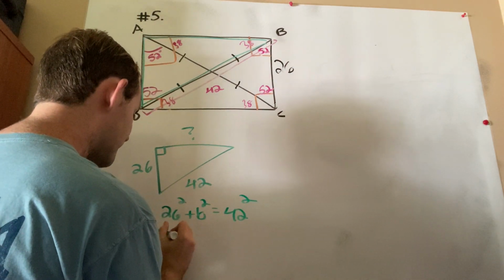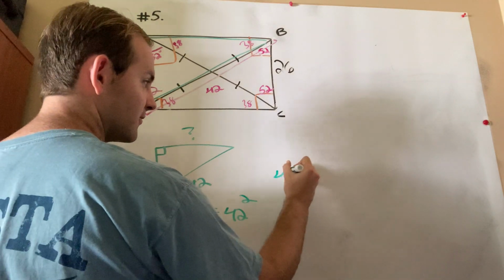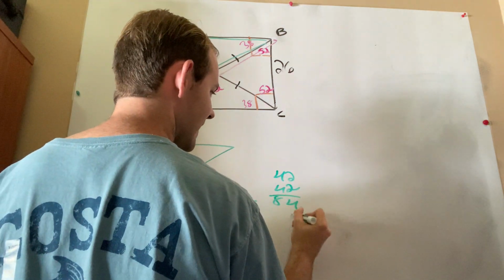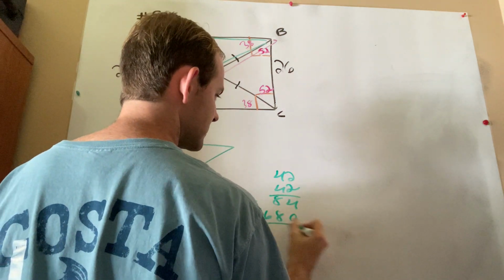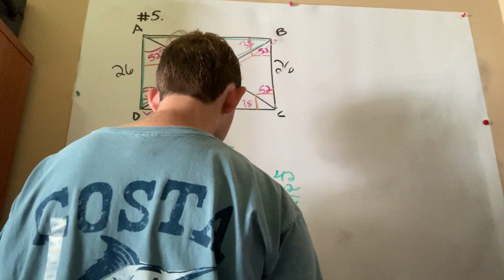This right here should be 676 plus B squared. I don't know 42 squared, so I'm going to have to work that one out.